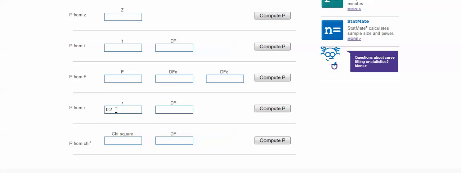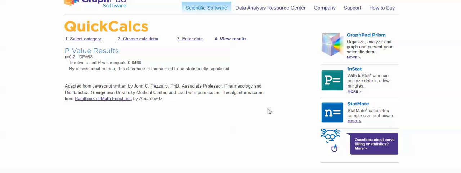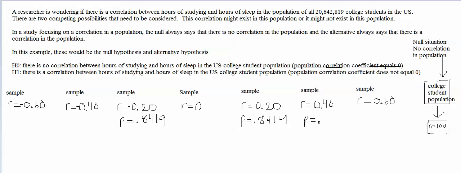So 0.2 and 98. Okay. 0.0460. The opposite is also 0.0460.